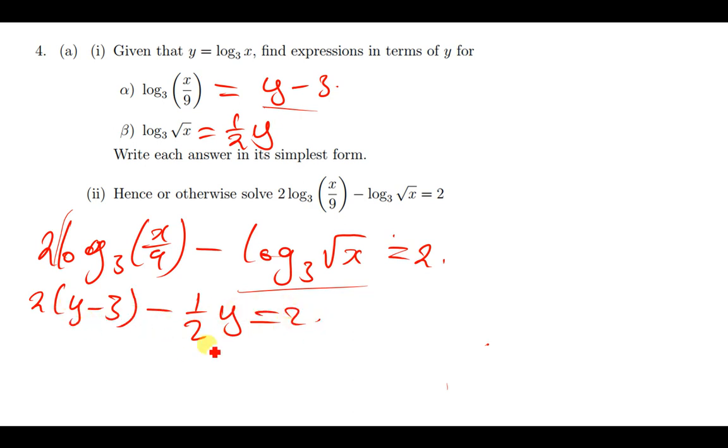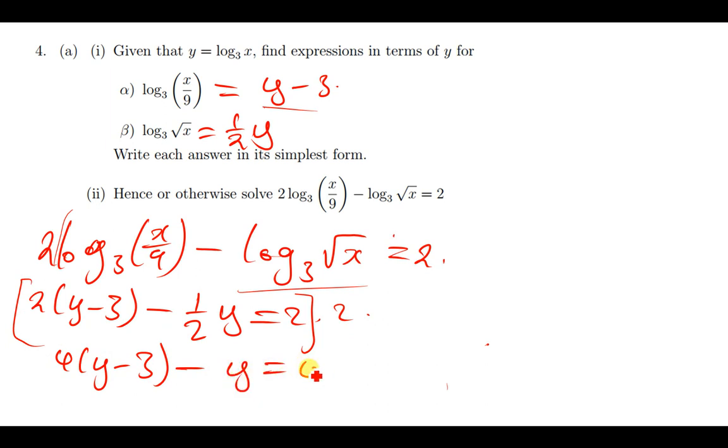So let us get rid of this half by multiplying the whole equation by 2. So we're going to have 4 times y minus 3, then minus y is equal to 4. Let me first simplify this part. So when I simplify this part, I'm going to have 4y minus 12, and when I open the brackets, minus y is equal to 4.